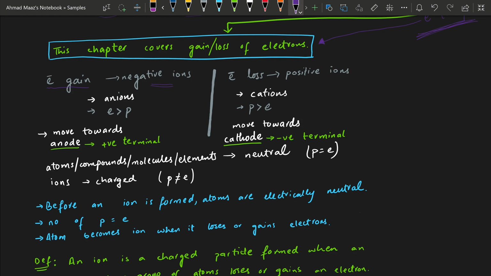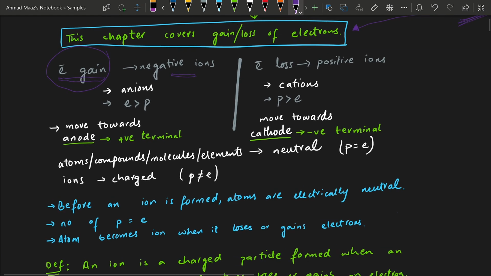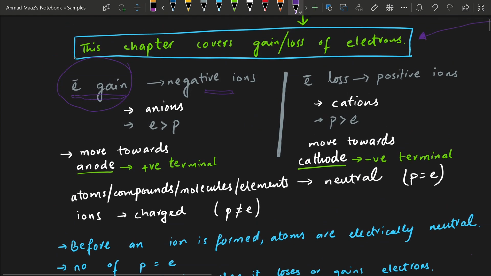Now this depends on whether the electron is gained or lost, that these atoms will form negative ions or positive ions. If electrons are being gained by an atom, then the atom forms a negative ion because the number of electrons will be more than the number of protons, because initially in an atom the number of protons always equals the number of electrons.